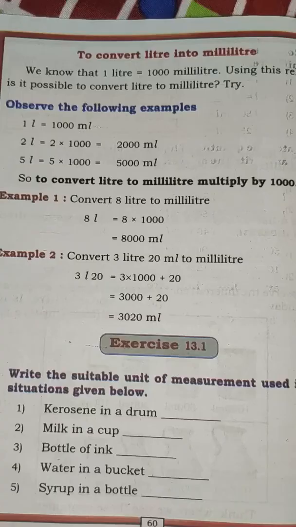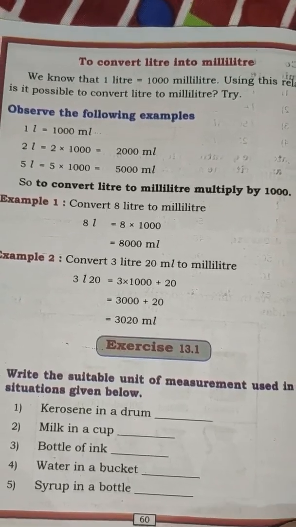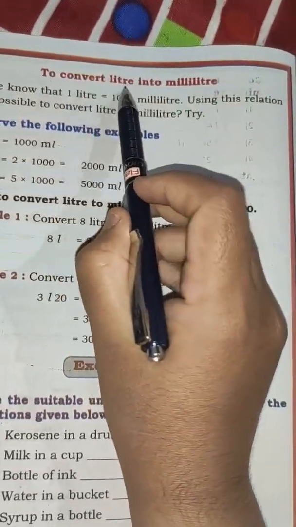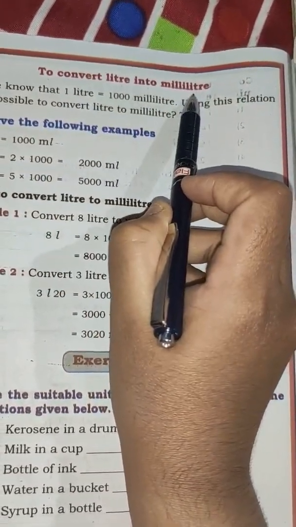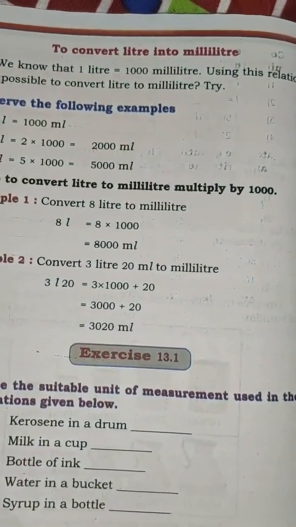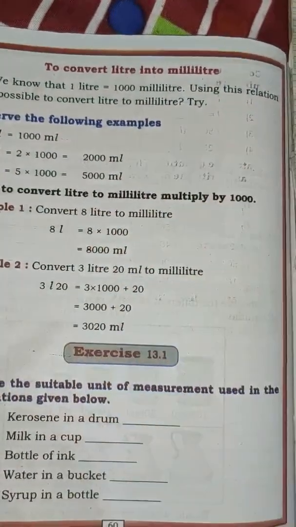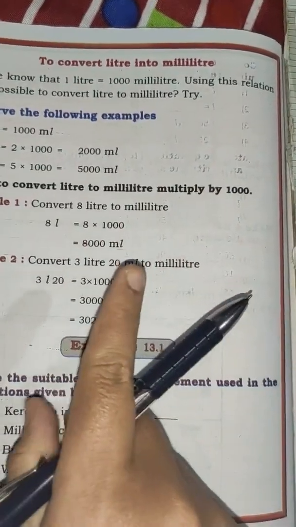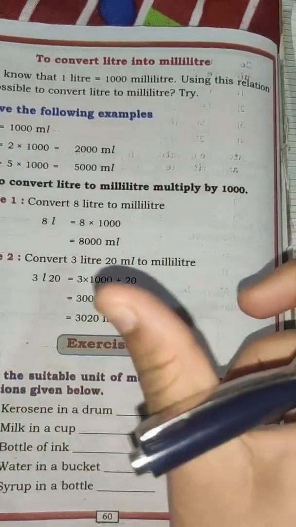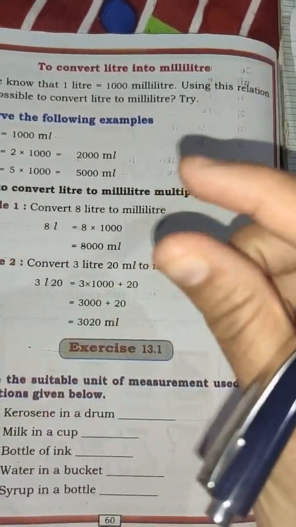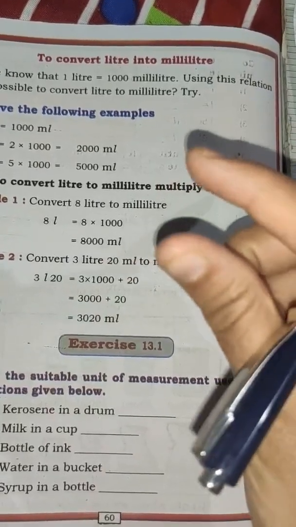Now children, come to page number 60 to convert liter into milliliter. Liter is used to measure large quantity. Milliliter is smaller than the liter, which is used to measure small quantity of liquid.